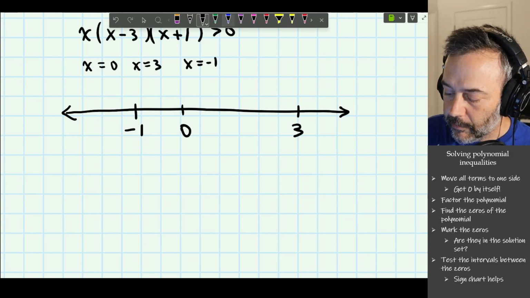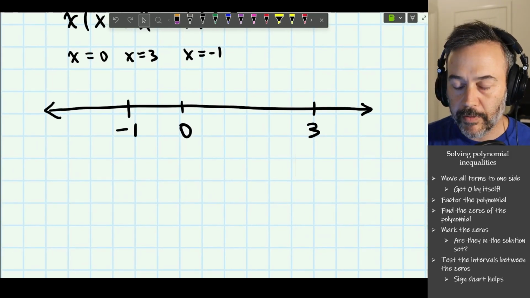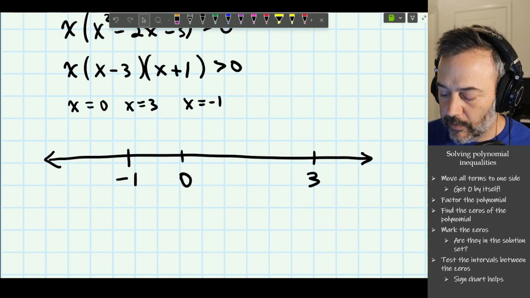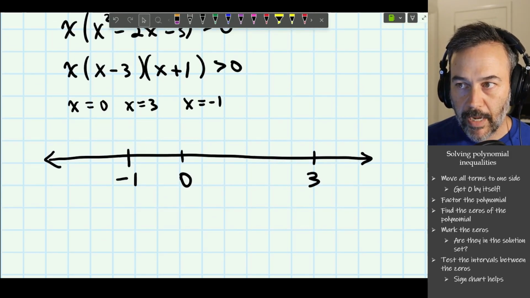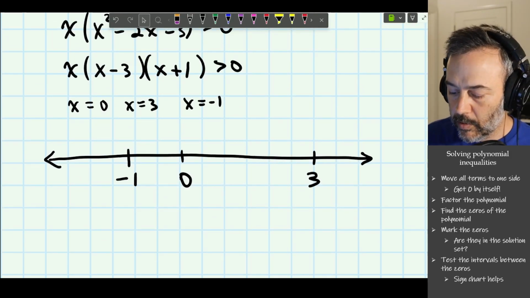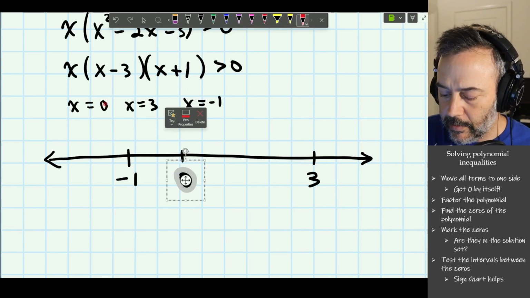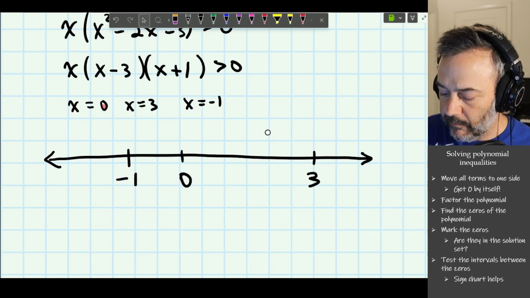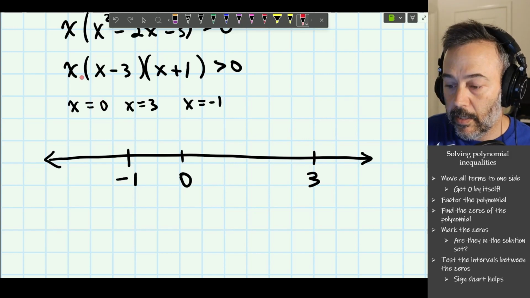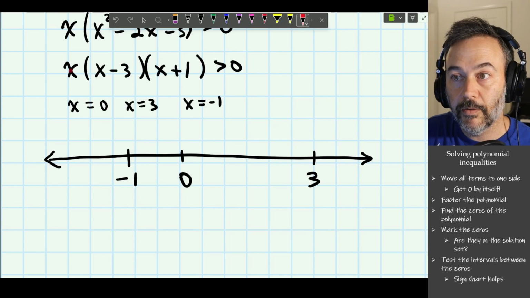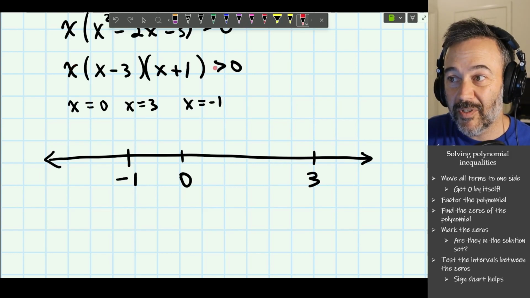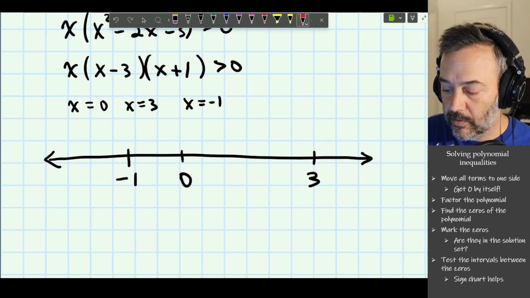Now what I recommend doing right now before you do a sign chart is check whether the zeros themselves make the inequality true. If I were to plug 0 into this inequality, I would get 0 on the left-hand side because there would be a 0 here. And that would be 0 is greater than 0, which is false.